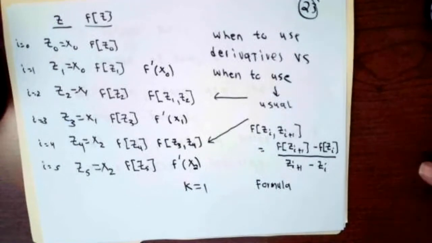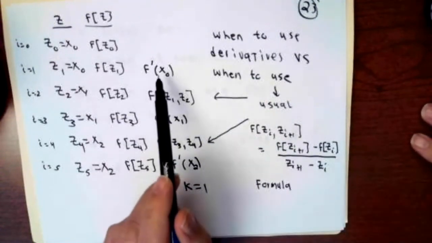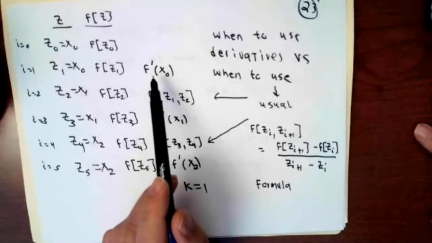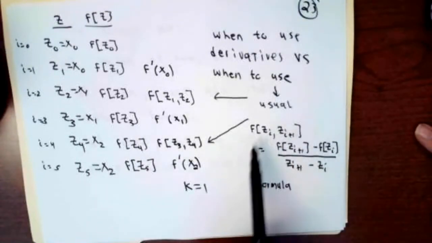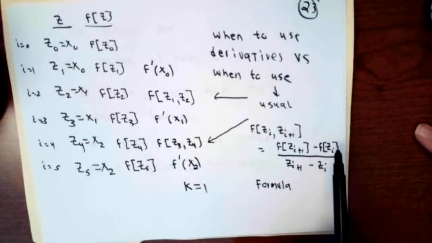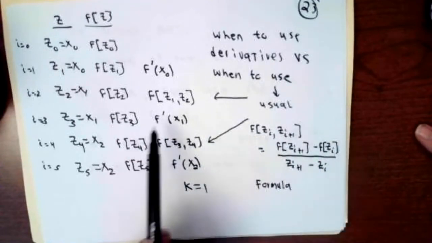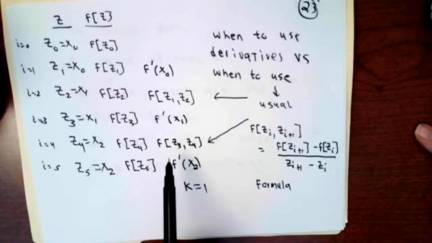When I go to construct column k equal 1, I'm going to have an alternating back and forth behavior. At the beginning, I use a derivative value. In the next one, I use the ordinary regular old Newton divided difference formula. Then I do a derivative value. Then I do the ordinary formula.